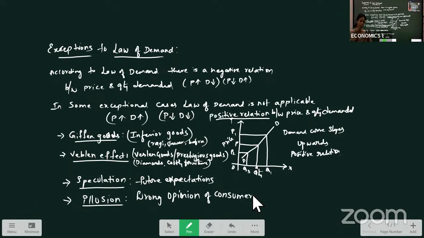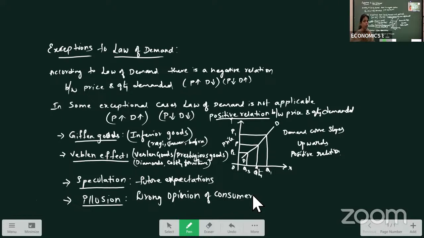Generally, at some point of time, as consumers, we all feel the same thing. If the price of a product is high, we feel that it is of good quality, right? So when the price is decreasing, we feel that they are not giving good quality. Sometimes when they give a discount or reduce the price, we feel that maybe the quality is not good. That's why they are giving it at a lower price.